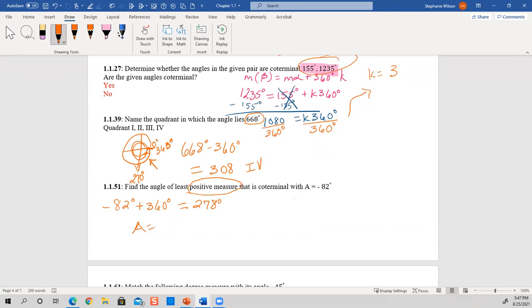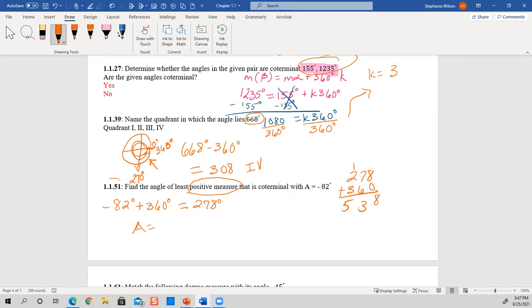Okay, so 278, I take it. So we know that a negative 82 plus 360 gave me 278. I take this 278 and add the 360. That gives us another degree, and we add it.